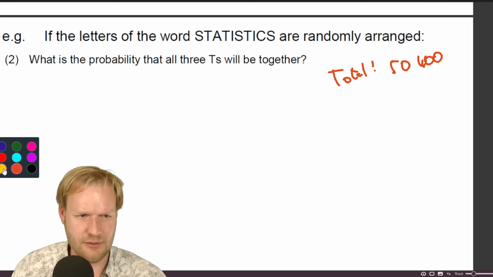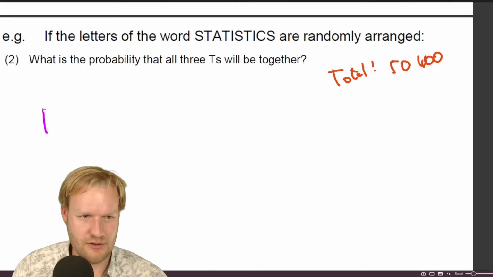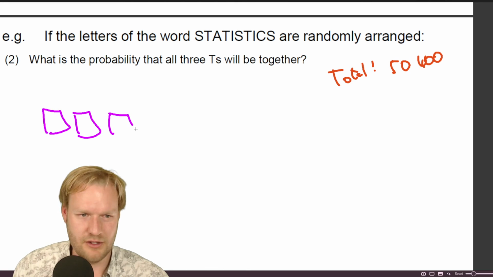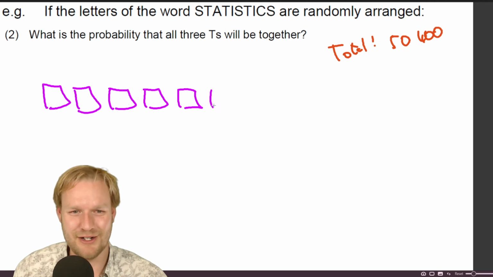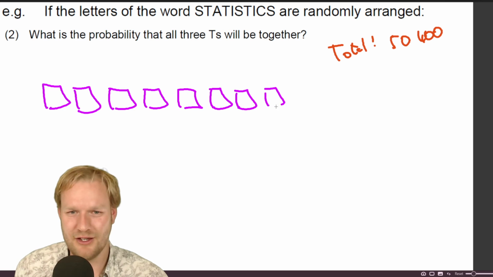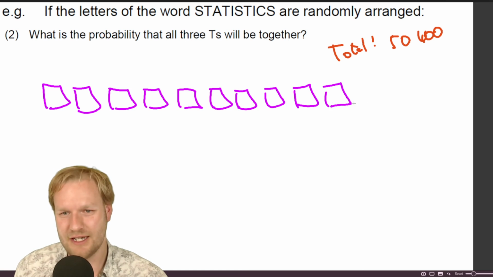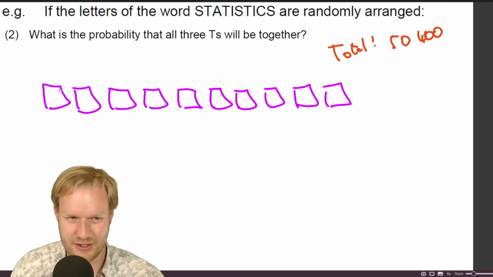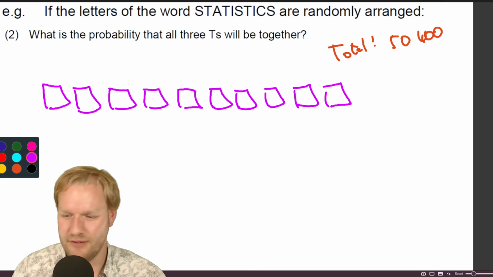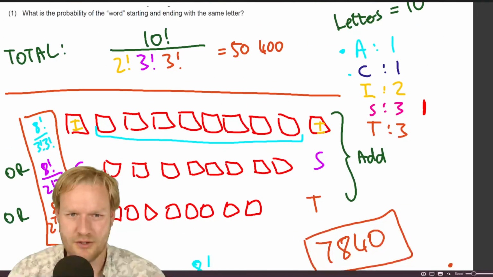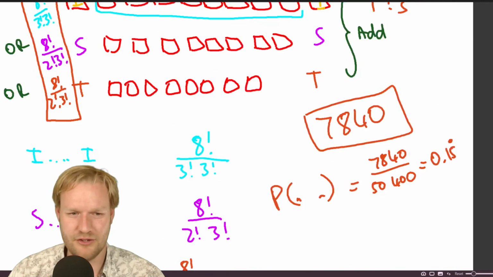Now let's think about these blocks. And for the last time, these dreaded blocks that should become lines. 1, 2, 3, 4, 5, 6, 7, 8, 9, 10. So there are 10 letters in statistics. We need to see how we can have the 3 T's together. There definitely were only 3 T's.